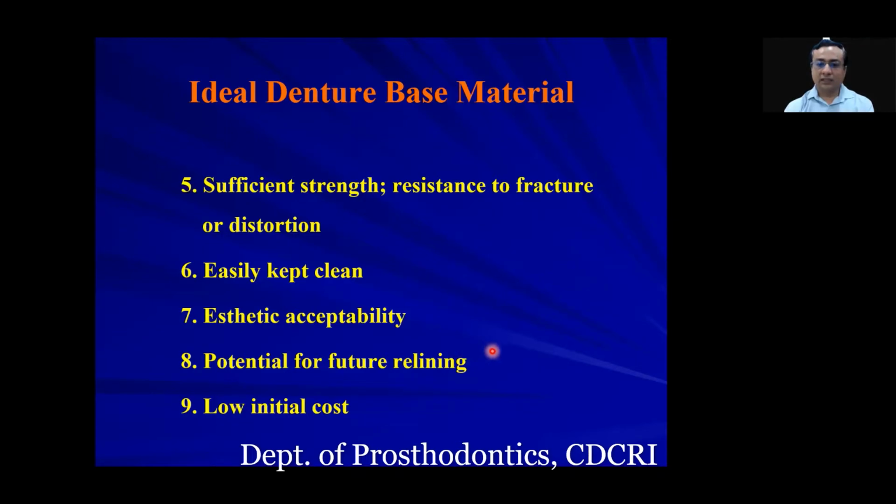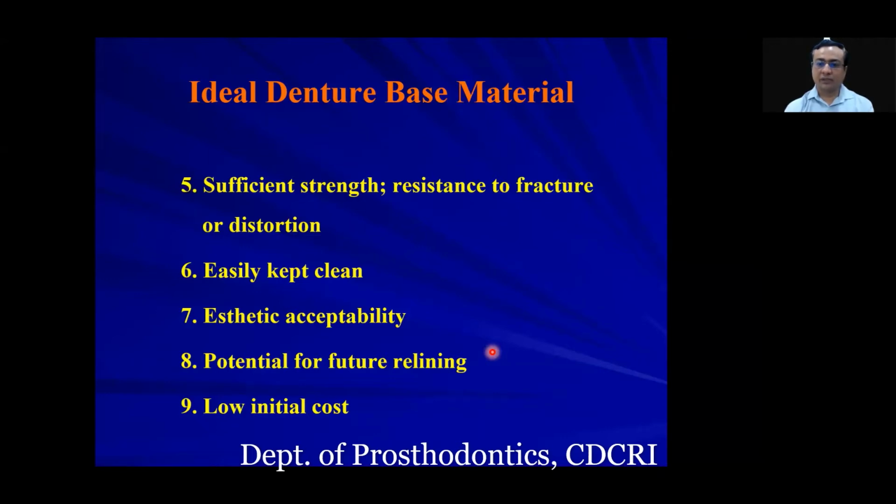So in such a case, instead of replacing the entire prosthesis, you can add a new material only on the tissue surface of the denture. So that is relining. Relining means adding a new material only on the tissue surface of the denture.